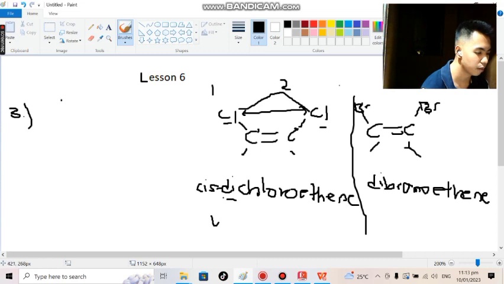So cis-dichloro, because there are two chlorines, so we're going to put this as our prefix. So this is going to be cis-dichloroethene. Ethene because we have only two carbons and a double bond.